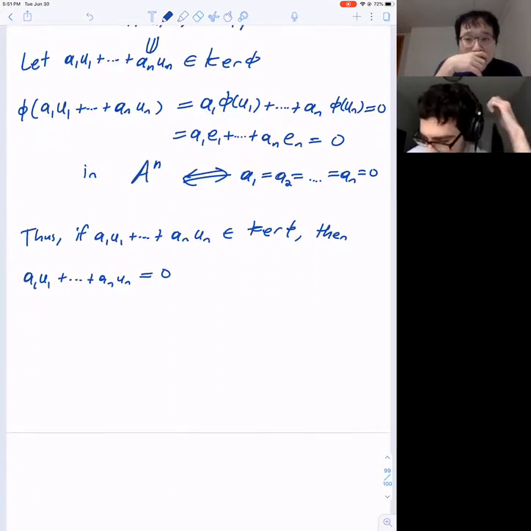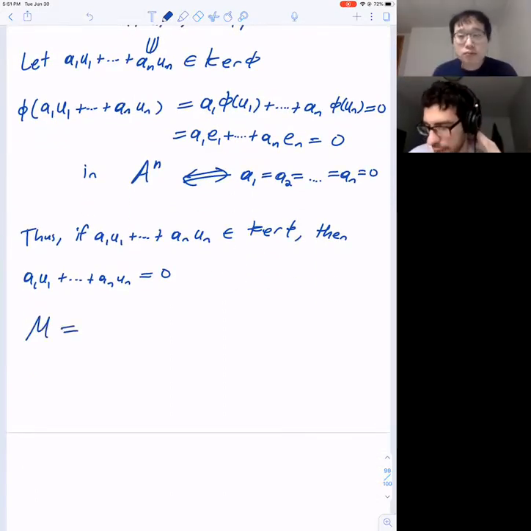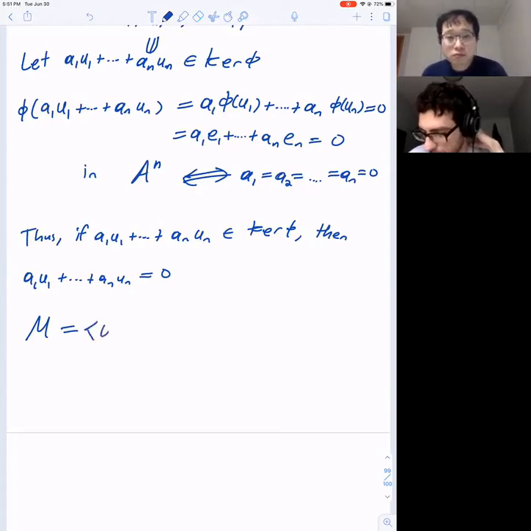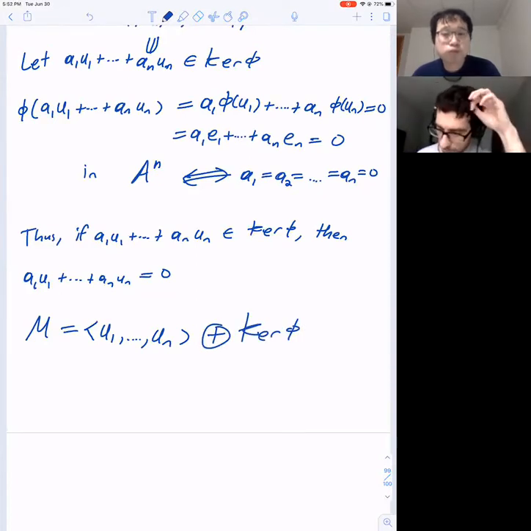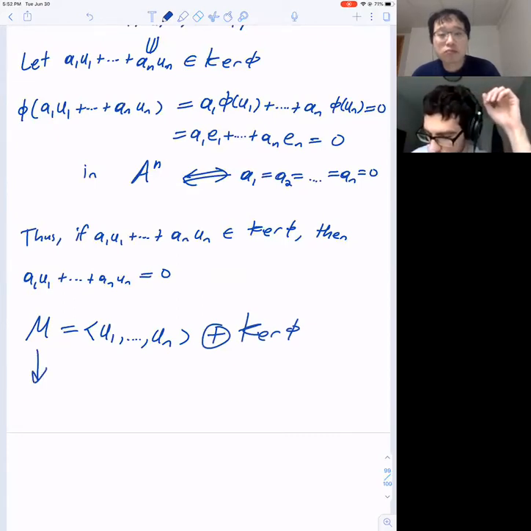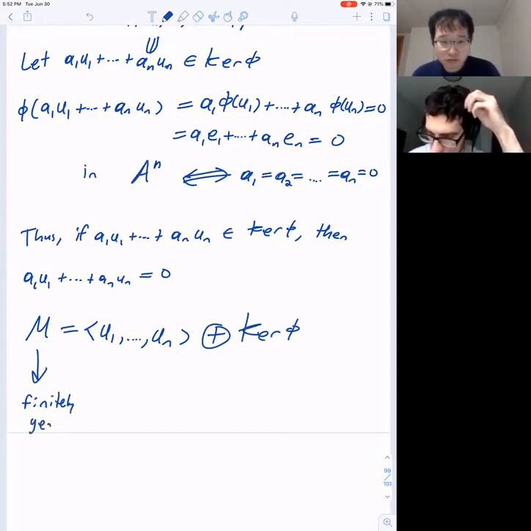So m is equal to not only this, it's actually equal to the direct sum with this kernel of phi. So now what? Here it is finitely generated.